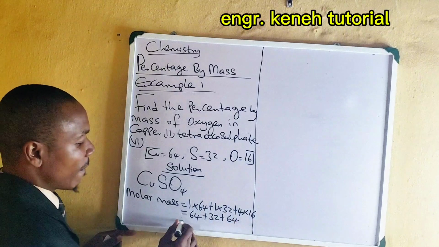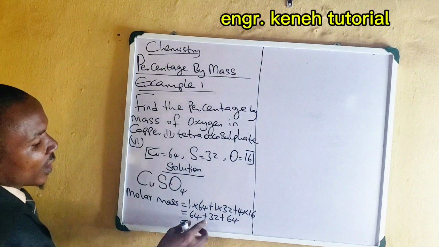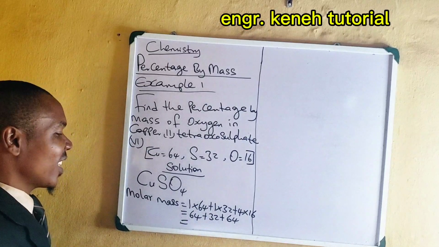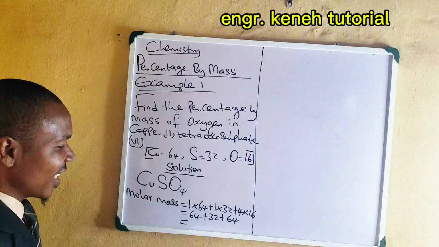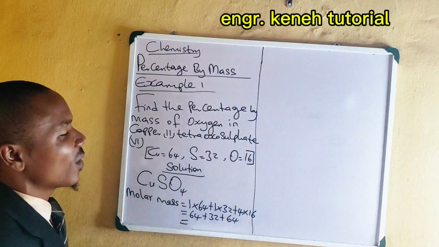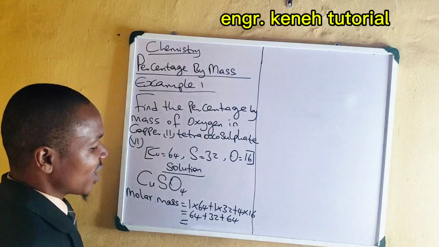What do we do? 32 plus 64 gives us 96. Is it clear? 96 plus 64 gives us 160.